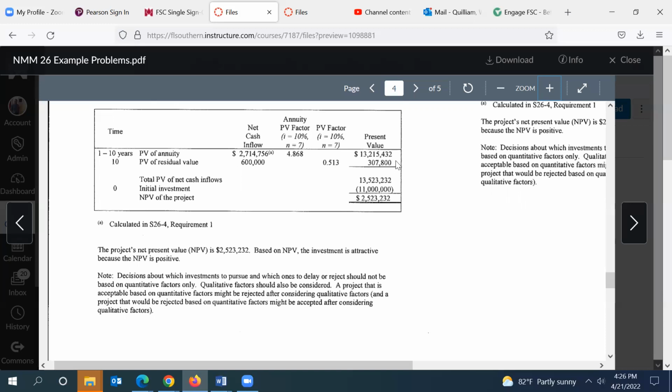So the present value of this residual or salvage value that we will get at the end when someone gives us $600,000 for this used up expansion will be $307,800.